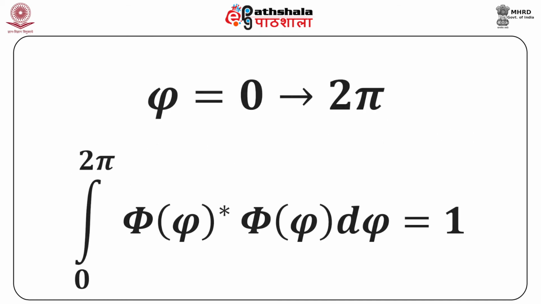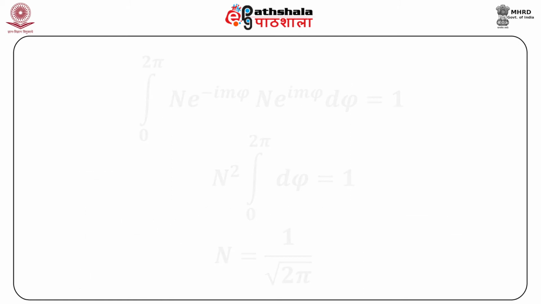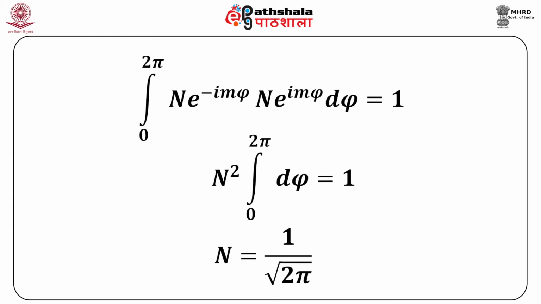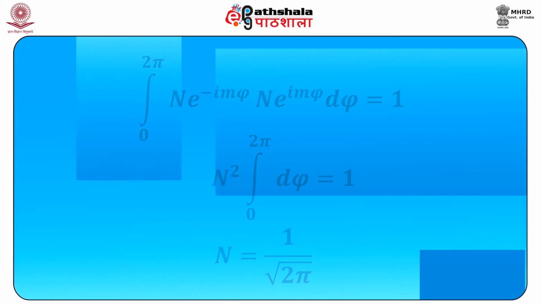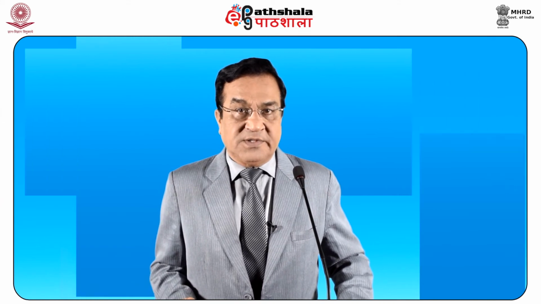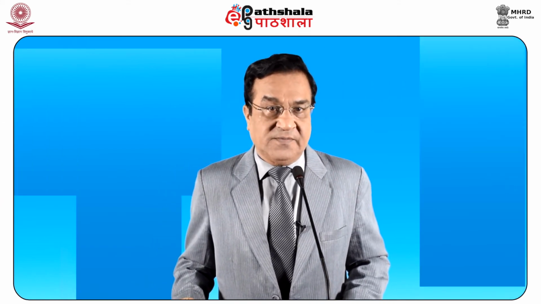Now if we apply the normalization condition, the limits are from 0 to 2 pi, because phi varies from 0 to 2 pi, and then if we solve, we get N is equal to 1 upon under root 2 pi. So that becomes the normalization constant.